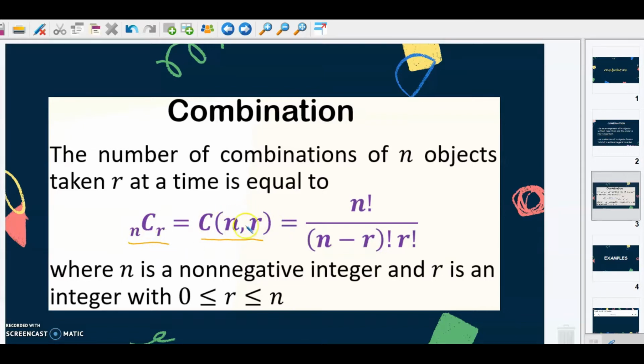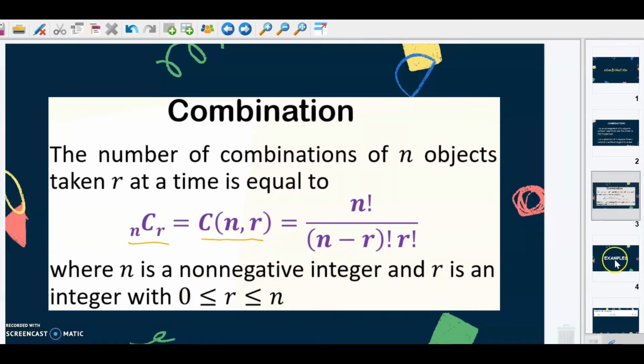And for the second notation, combination of n taken r, or in this case, n followed by r. And these are all equal to this formula here, wherein we have n factorial over the quantity n minus r factorial, r factorial. We need to take note that the value of n should be a non-negative integer or counting numbers, and r should be from 0 to n.